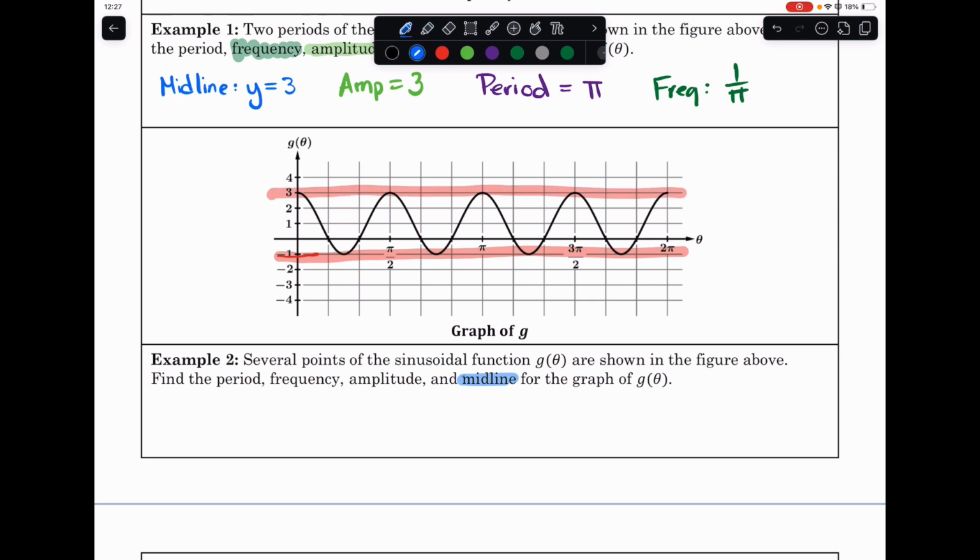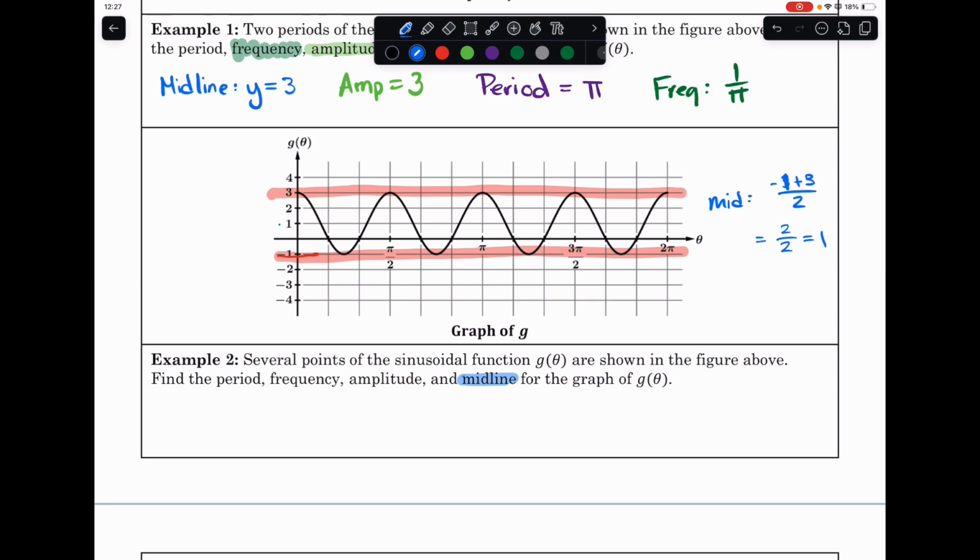So to calculate the midline, we're simply going to get the midpoint. So we're going to get -1 plus 3 and divide by 2. -1 plus 3 is equal to +2, and +2 divided by 2 equals 1.